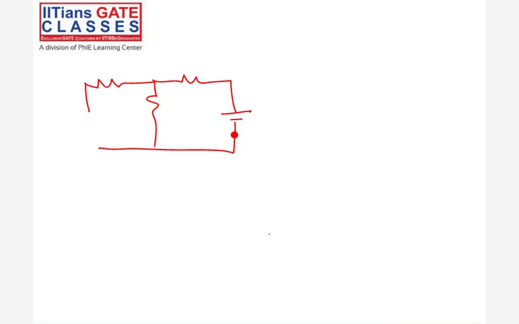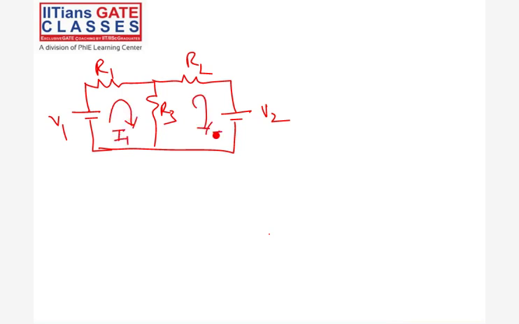So in this, if I call this A, B, C, D, E, and F, for mesh 1, I'll start from A, B, C, F, and back to A. So this is my mesh 1.